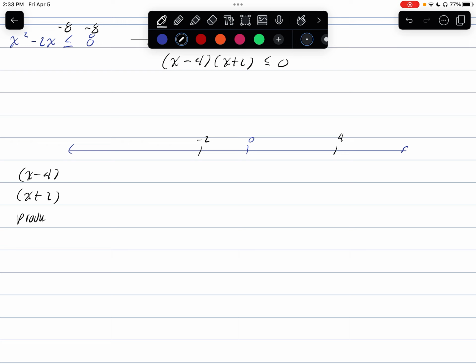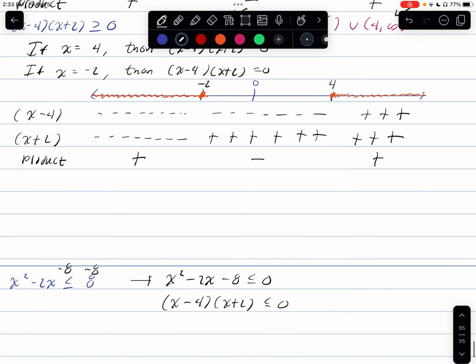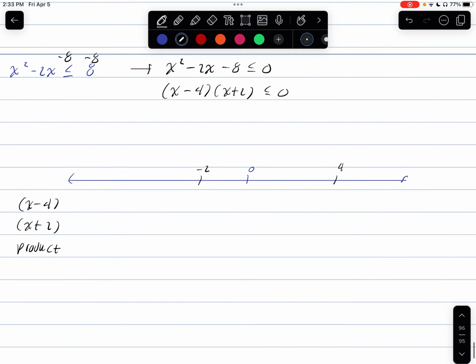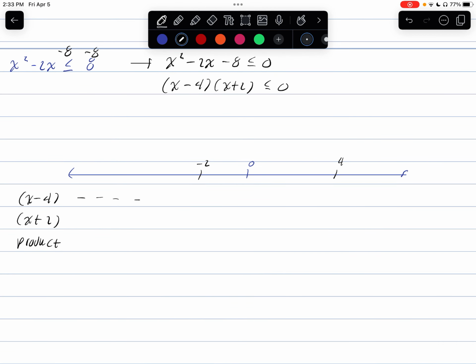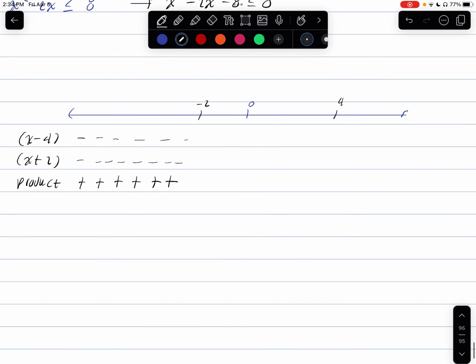But we can use a little bit of our information from before. We can go ahead and use whether it's positive or negative on this whole section. So we know for everything from negative infinity to negative 2, we're going to have negative numbers, so it's going to be positive all along here. Okay, so everything is going to remain the same as before. So from here, we're going to have negative, and we're going to have positive, so this will become negative.